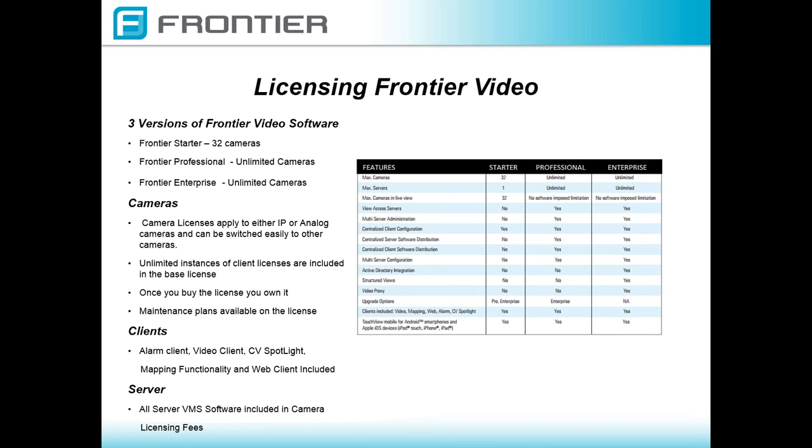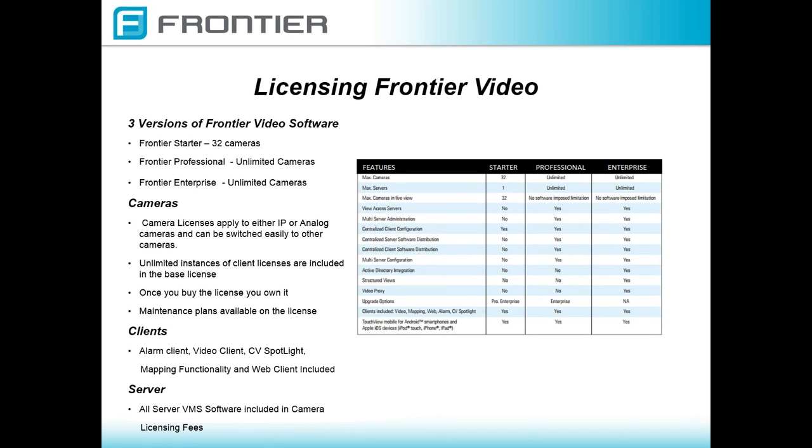With a lot of camera systems, they'll typically tie the camera license to the MAC address of the actual camera itself. So when that camera dies or you have a need to switch to a new camera, it requires calling the vendor and going through a process to make that switch happen. We don't have to go through that with Frontier Video. We can easily switch licenses from one camera to another.